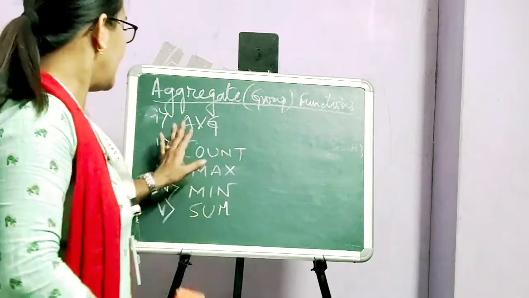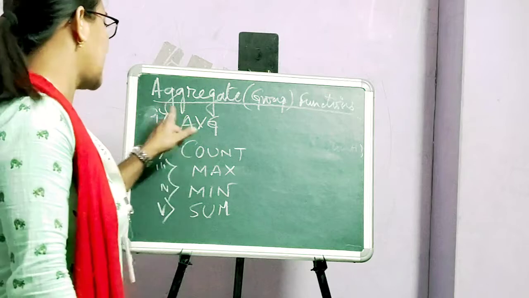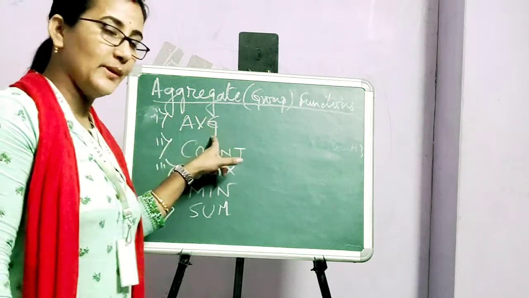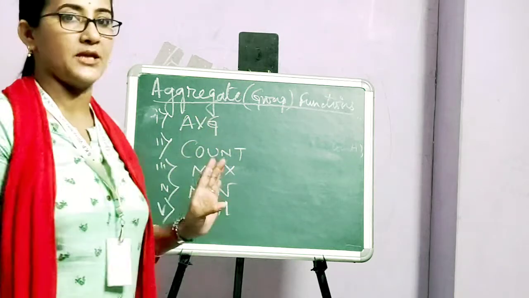Now see here, there are 5 aggregate functions: average, which is AVG, count, max, min and sum.